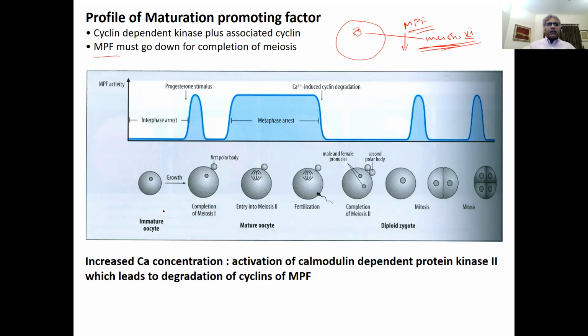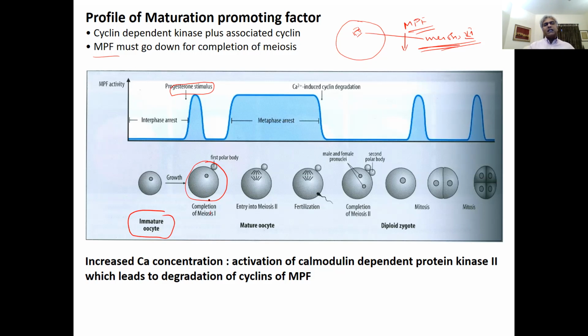So if you look here, this is the immature oocyte. Then you have this progesterone stimulus, which takes place at puberty. Then there is completion of meiosis 1. You see here, after meiosis 1 takes place, I was wrong, I said puberty.